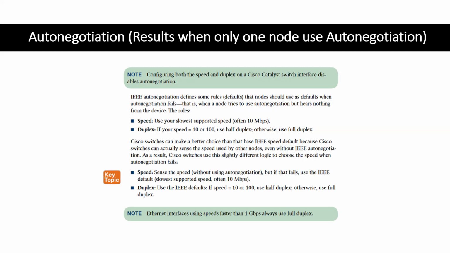So the first note: configuring both the speed and the duplex on a Cisco Catalyst switch interface disables auto negotiation. You guys saw our lab yesterday. We had issues when I tried to configure the speed and duplex, and it didn't let me because I had to disable auto negotiation.